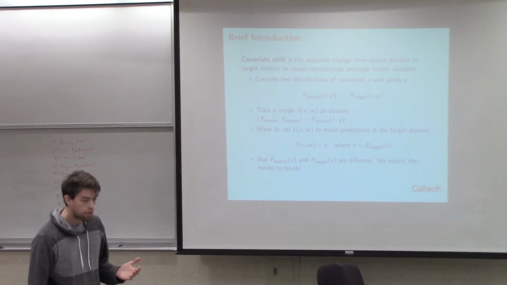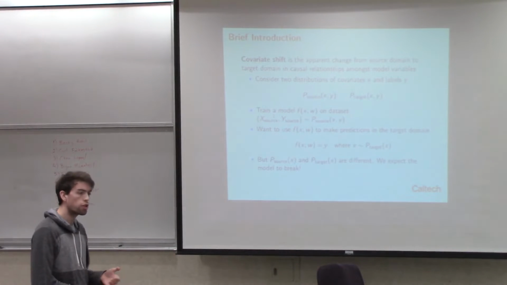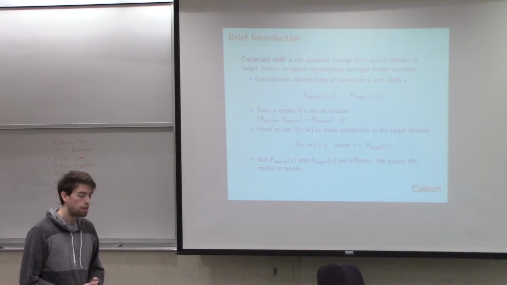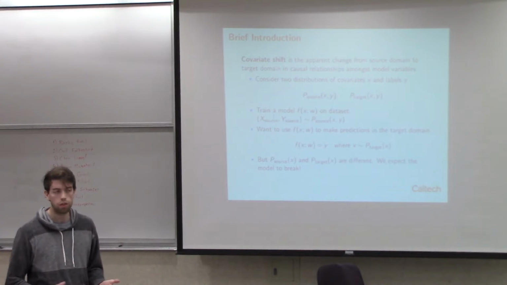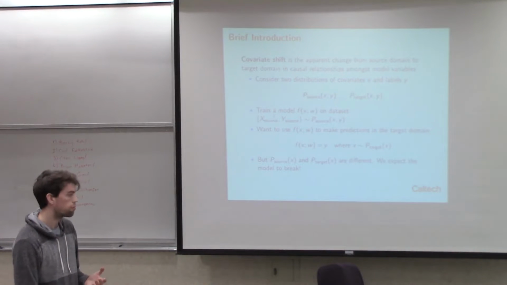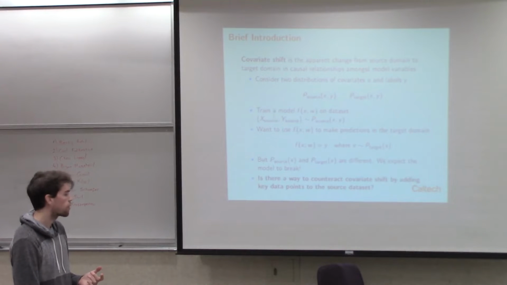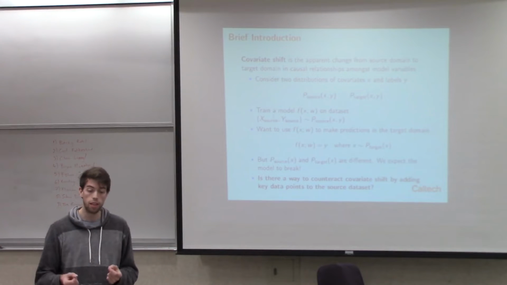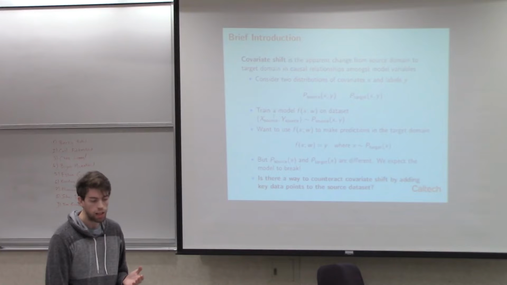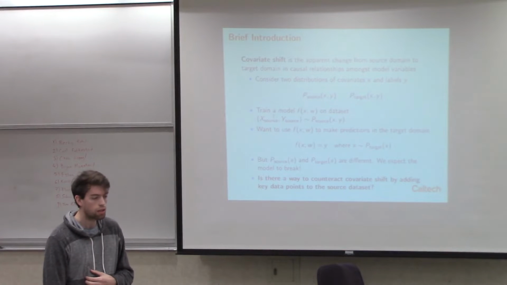But as I just described, because the distribution of the covariates in this target domain is different from the distribution of the covariates in the source domain on which the model was trained, we expect that the model will break or not generalize well. And we'd like to understand how to train our model in such a way that it generalizes well to the target distribution.